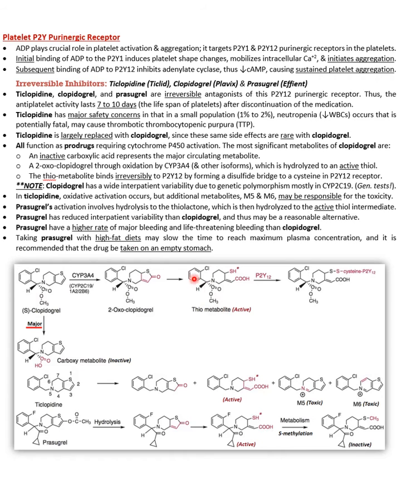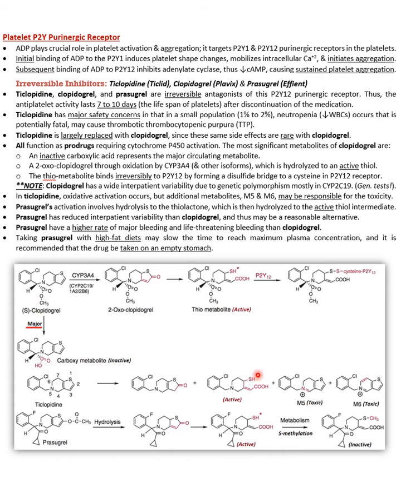Anyway, so back to here. In the case of ticlopidine, the oxidation occurs to produce these metabolites. Again, all these are inactive. In ticlopidine, we have oxidation causing again the oxo in this form, which is converted into this active form, which is very similar to this.